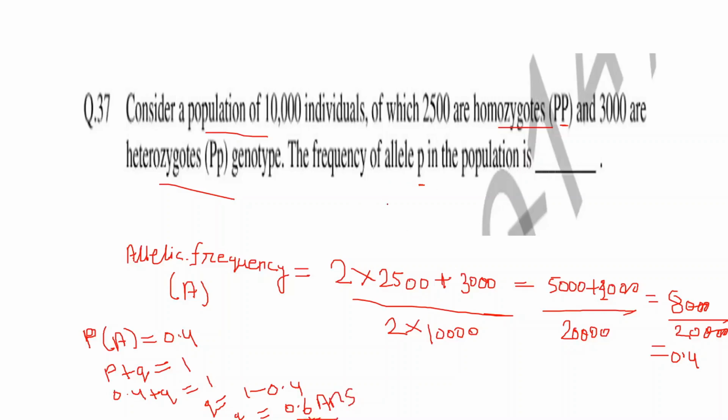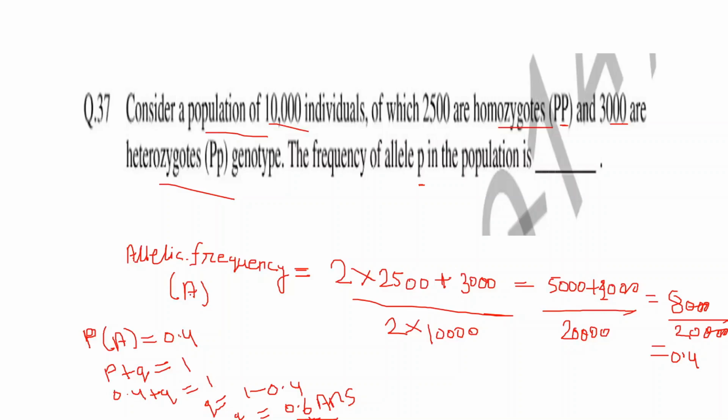So what I told you is, if you know the total population size and the heterozygous population size, then you should use this allelic frequency formula. For that, you first have to identify one allele frequency.